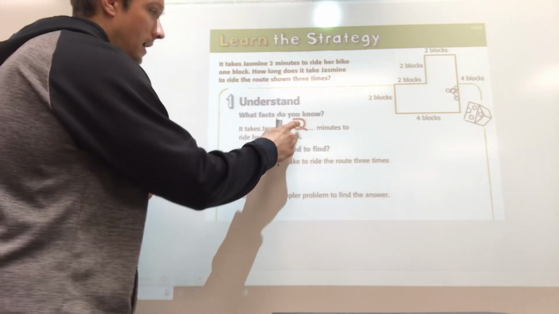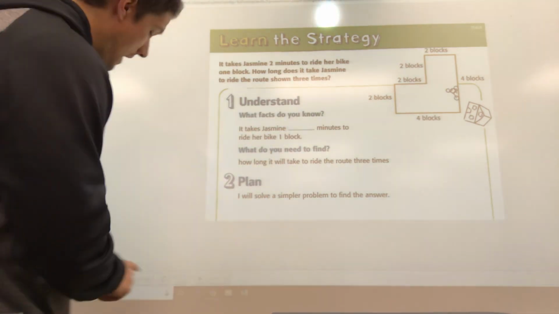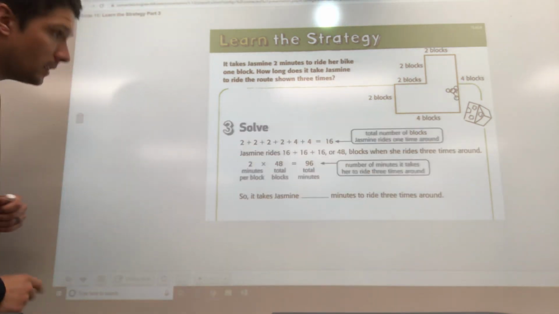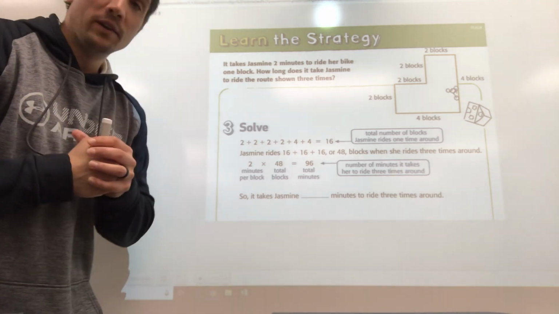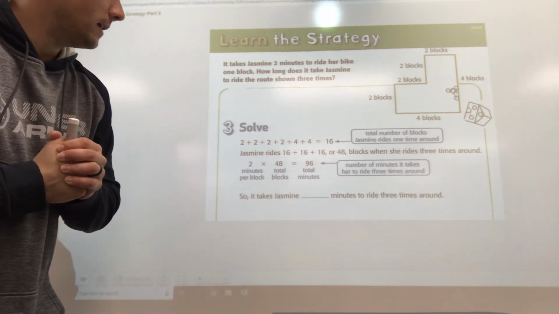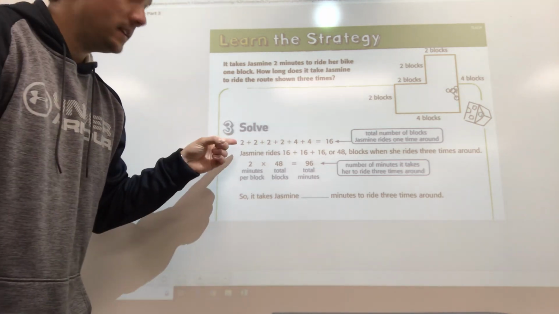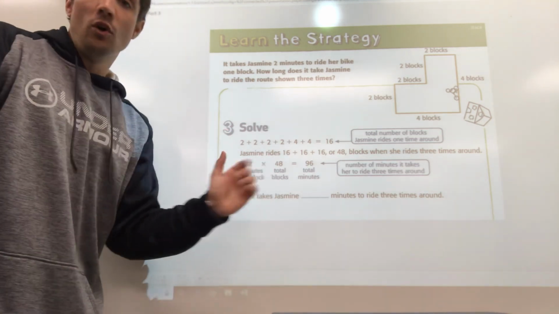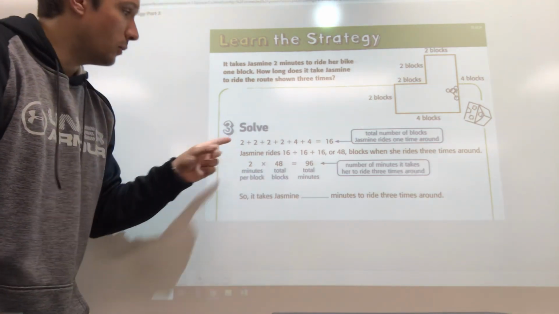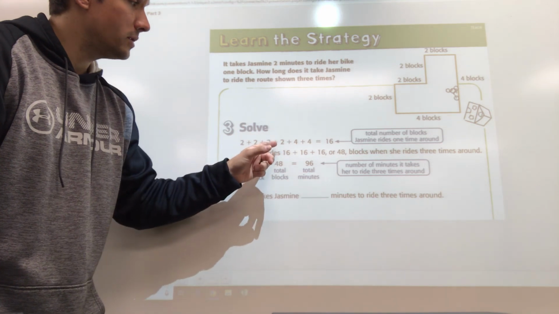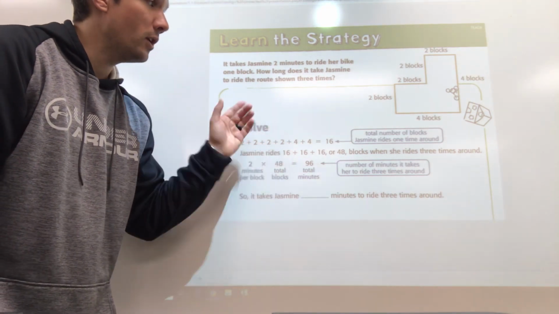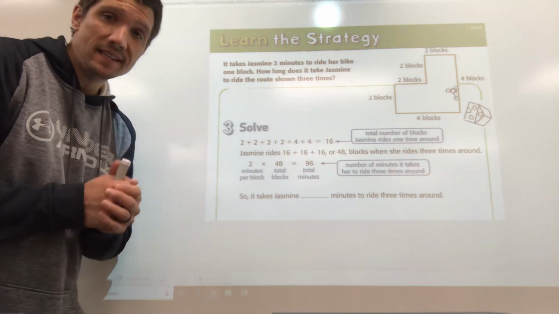So we're going to go ahead and move on down. As you can see, they show quite a bit of the work for you already. The first thing that they did is they added up all the sides for us. So we've got 2 plus 2 plus 2 plus 2 plus 4 plus 4. We get a total of 16 blocks.